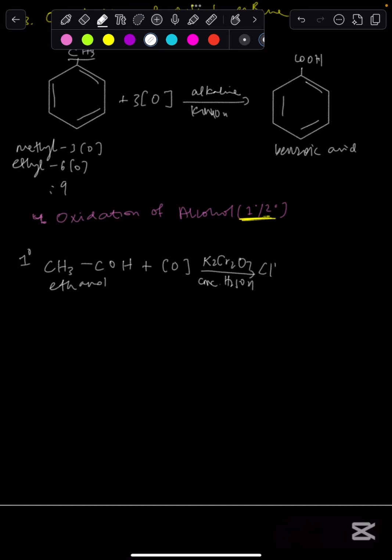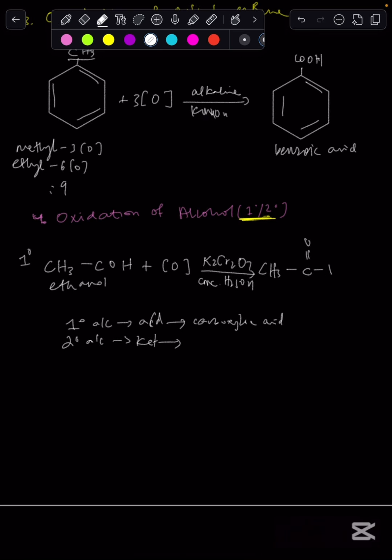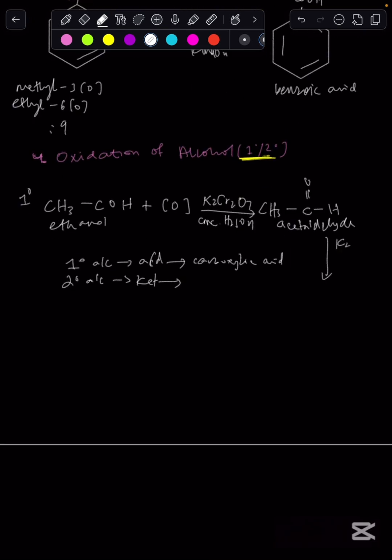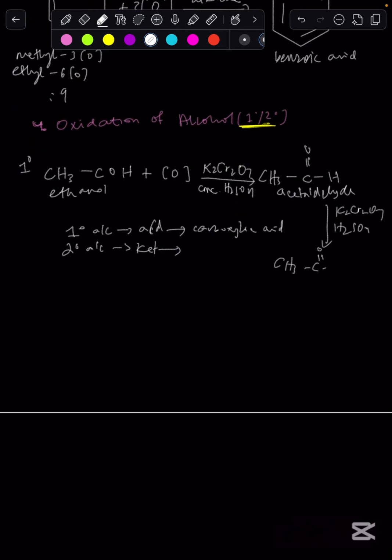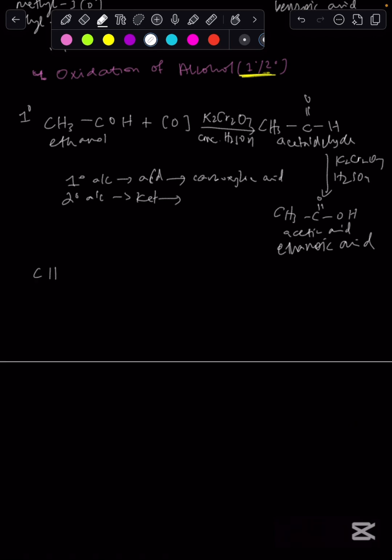So 1 degree alcohol will form aldehyde, and 2 degree alcohol will form ketone. Now this will further oxidize and form carboxylic acids. So what is going to form is acetaldehyde, and then this acetaldehyde, in the presence of same reagents, is going to form acetic acid or ethanoic acid.